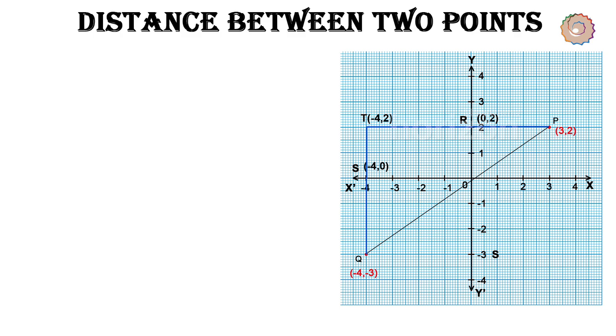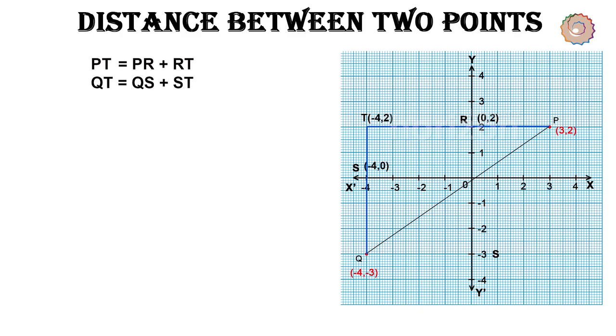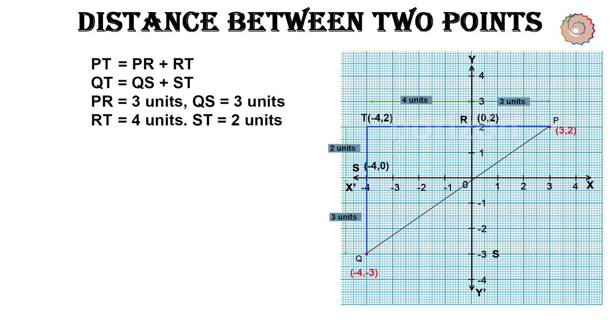So to find the distance PQ, you need to know the distance of PT and QT. PT is PR plus RT and QT is QS plus ST. Since P is 3 units away from the y-axis, PR equals 3 units. And since Q is 3 units away from the x-axis, QS equals 3 units. Similarly, since T is 4 units away from the y-axis and 2 units away from the x-axis, RT equals 4 units and ST equals 2 units.